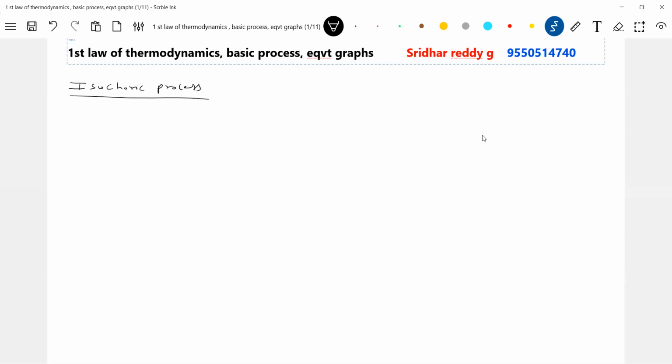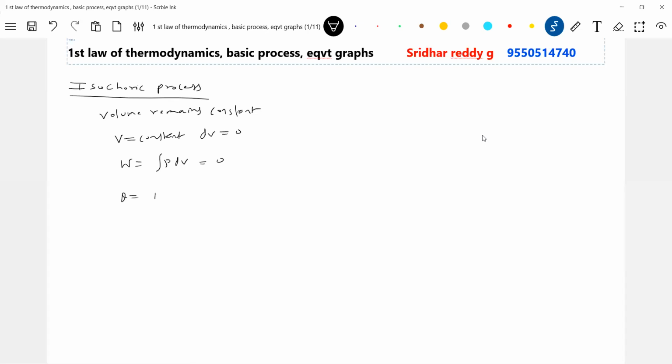So what is the isochoric process? It's a process in which volume remains constant. If volume is constant, then V will be constant, so what is dV? It will be 0. We know work done is P dV, so if dV is 0, then work done will be 0. So it's a process in which work done is 0.